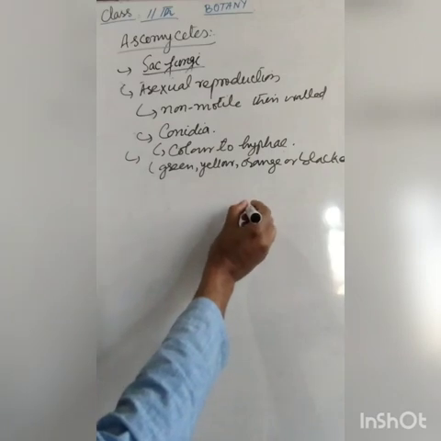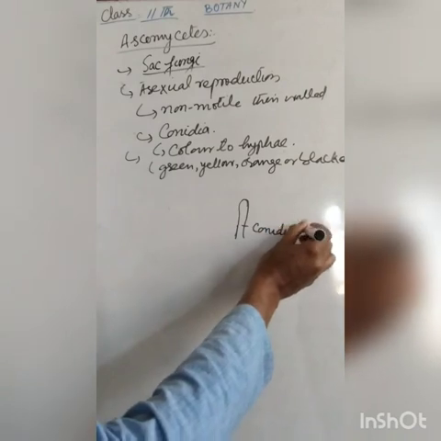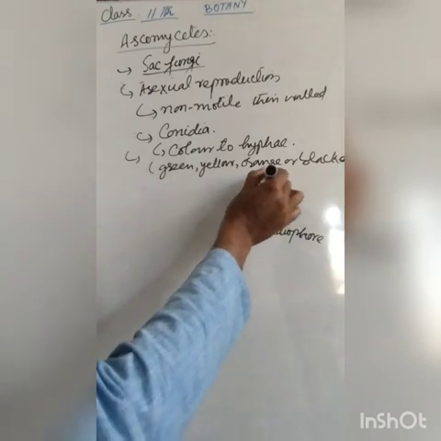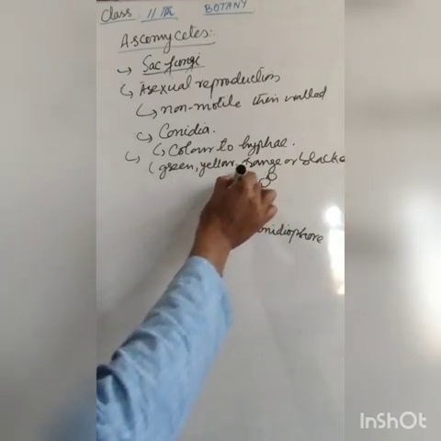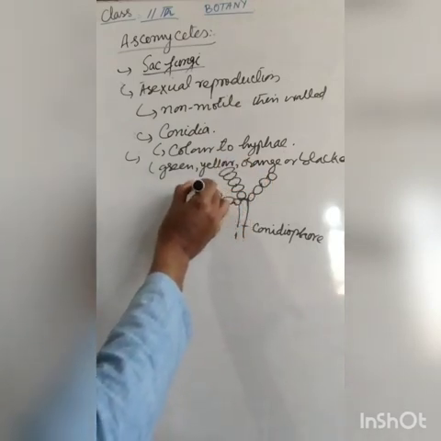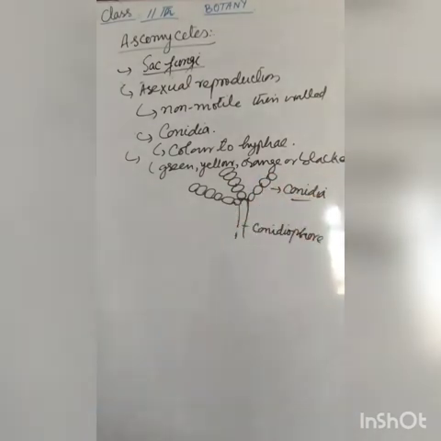They are borne on hyphae called conidiophores. These segments of the hyphae are conidia. The singular is conidium. These are borne on branched or unbranched hyphae called conidiophores.